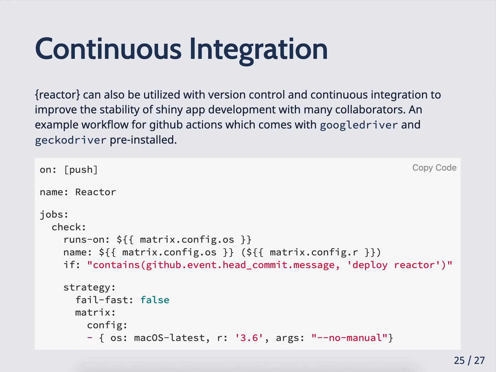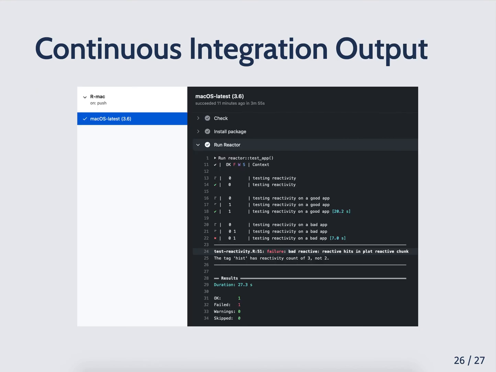This makes collaboration simpler for Shiny and makes the stability of the Shiny app as it develops more robust. This is what the output of the GitHub Actions looks like. It looks just like you would run it in your console.